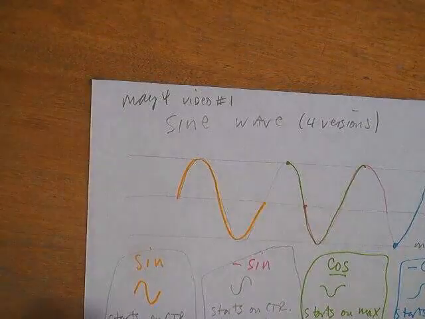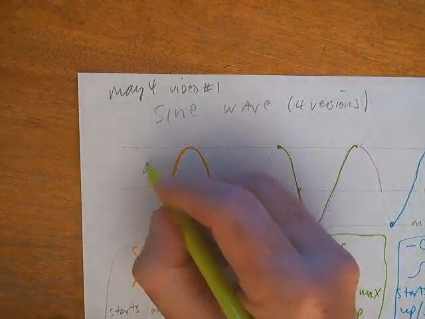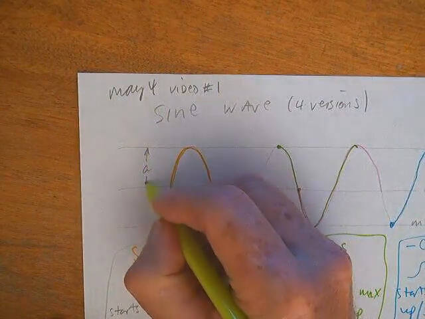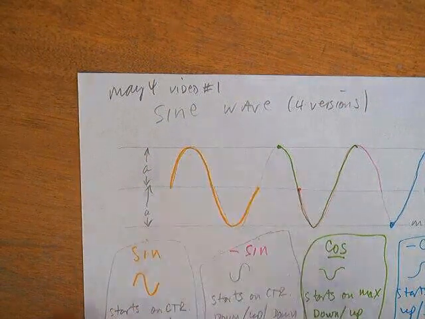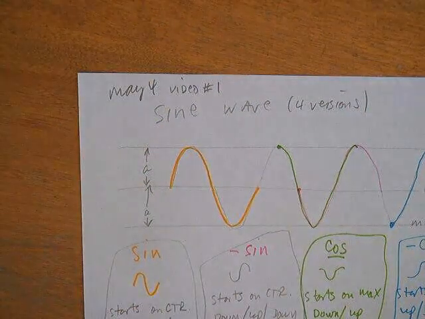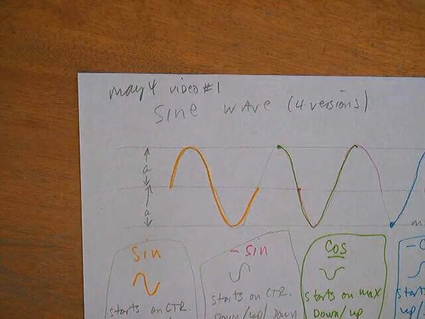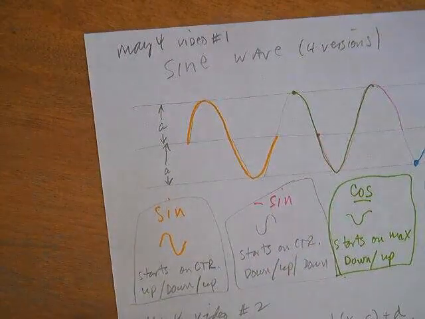So let's look at my graph up here. What I'm telling you is whatever this gap in here is, that's A. That's amplitude. So you'll see us do that in a minute.